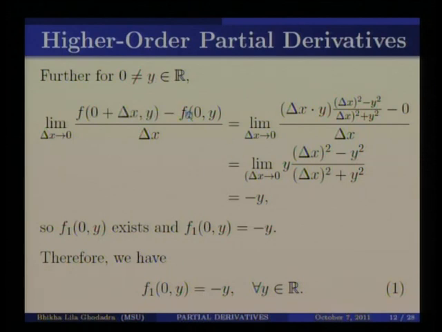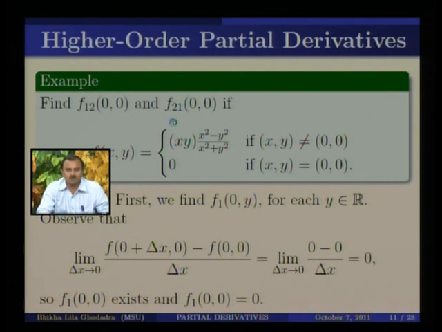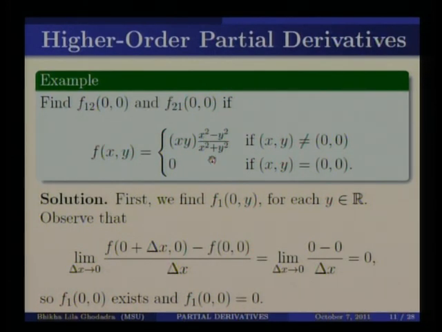look at this particular quantity. If this limit exists, then it will be the derivative f1 at (0, y). So look at this: f at (0 + delta x, y) minus f at (0, y), upon delta x. By the definition of the function, the first term is f at (delta x, y), and f(x, y) is xy into (x squared minus y squared) upon (x squared plus y squared).